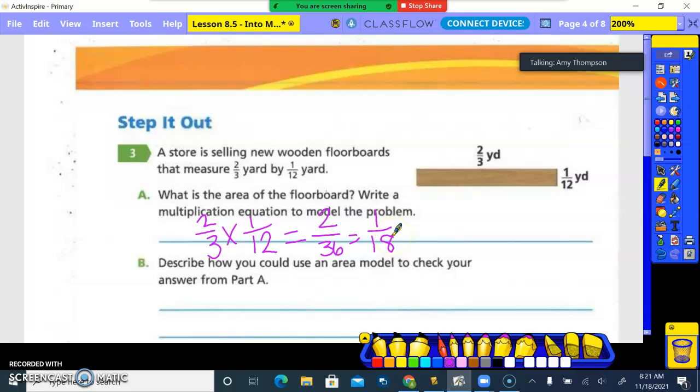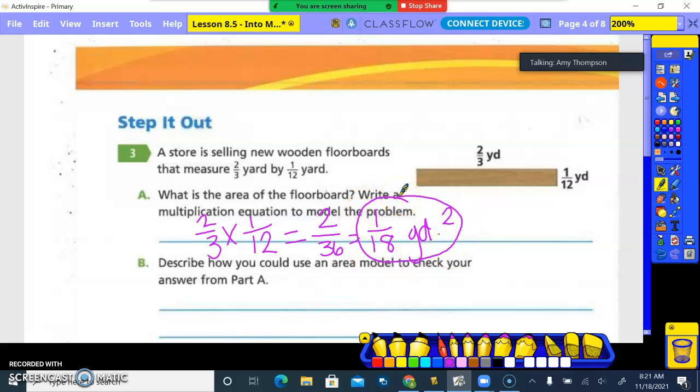Now we could have also simplified this, right? And we could have made the 2 a 1 and the 12 a 6, right? Okay, and that would have got us simplified to begin with. So 1/18 of a yard squared, correct?